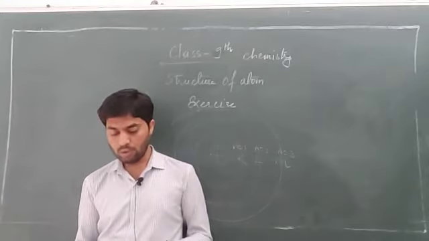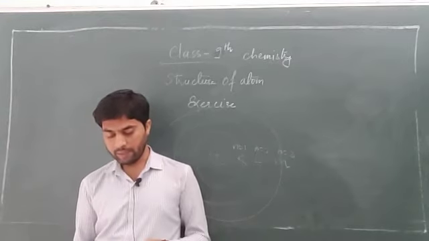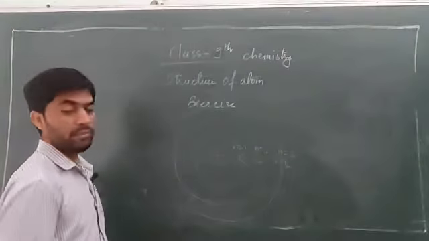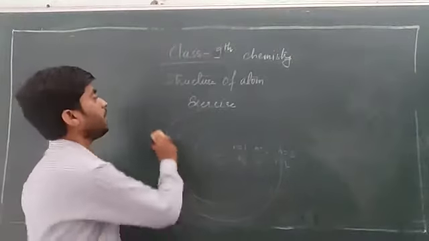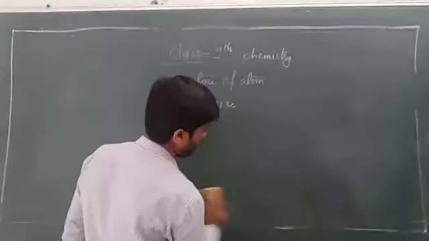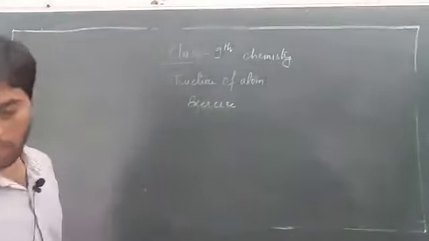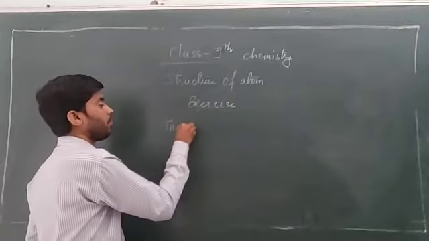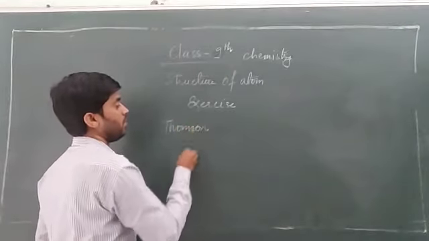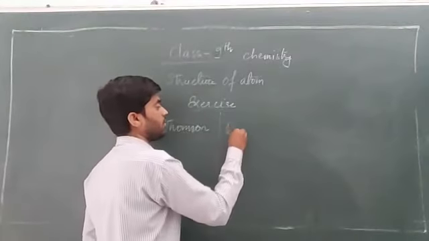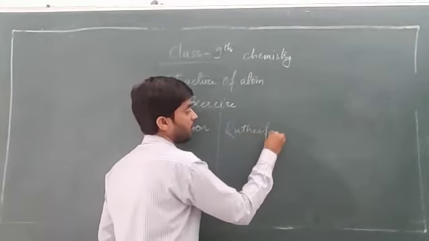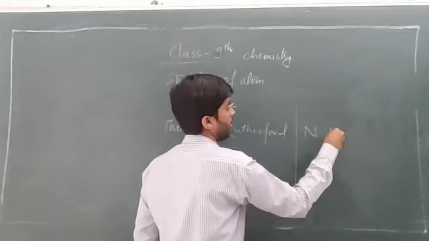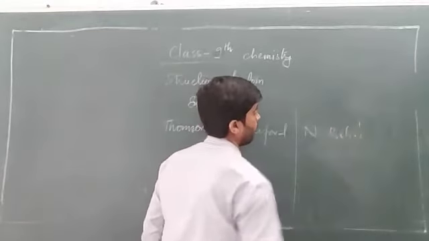After that, compare all the proposed models of an atom in this chapter. Now which models are given in this chapter? We have discussed three atomic models. First is J.J. Thomson's model, second is Rutherford model, and third one is Niels Bohr's model.